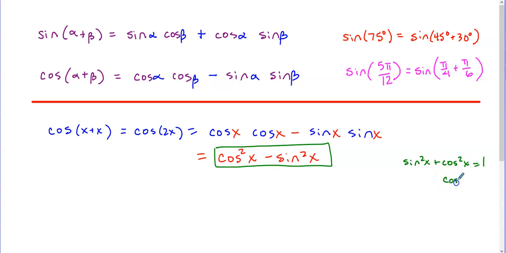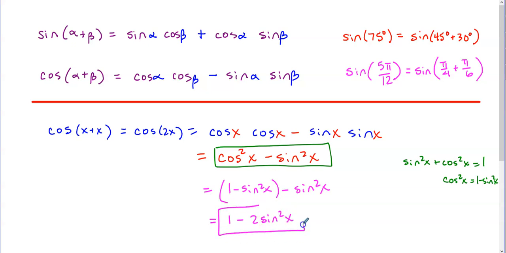That means that cosine squared x equals 1 minus sine squared x. I'm doing algebra here. So this is 1 minus sine squared x minus sine squared x, which is really 1 minus 2 sine squared x. That is also equal to cosine 2x.